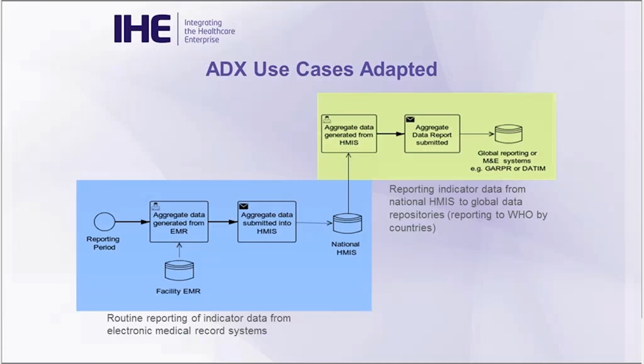And the second, which is highlighted in green, is reporting indicator data from a country HMIS to the global data repositories, such as the WHO Global Health Observatory, or Data for Accountability, Transparency and Impact, a system used by the US President's Emergency Plan for AIDS Relief.